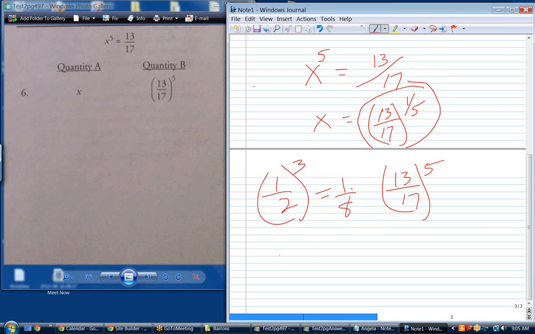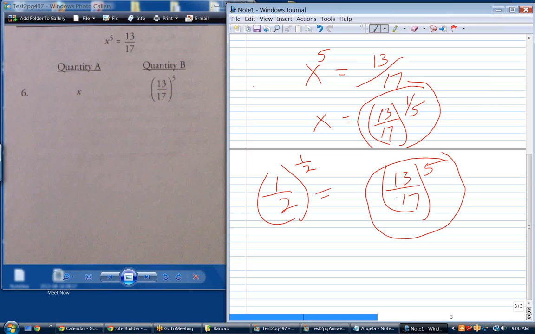If you cube 2, it gets bigger. Okay? And the reverse is true. In other words, if you take a fraction and you take it to an exponent that is less than 1, it's going to get bigger, because it's the opposite of this.